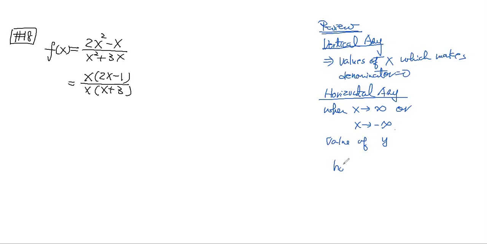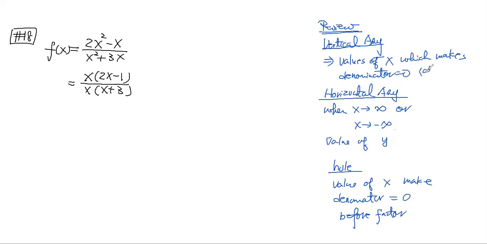Then the holes here are the values of x that make the denominator equal to 0 before factoring. So this is after factoring here, okay?